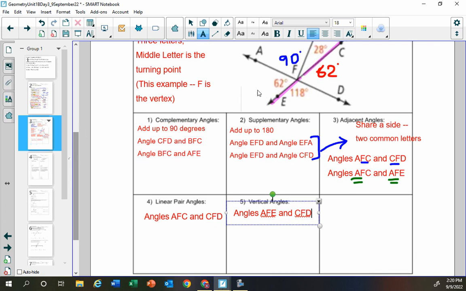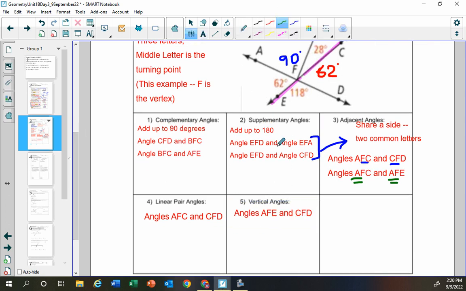And then also, for supplementary, you can put these guys for number 4 as well. Okay, questions? Any questions?